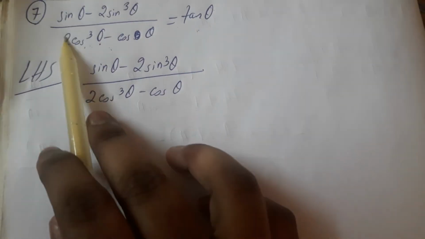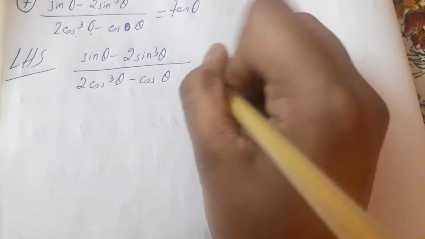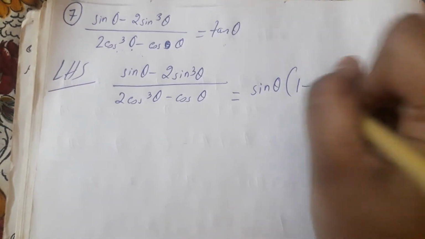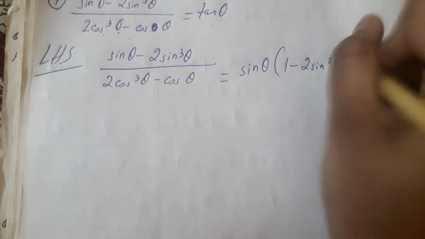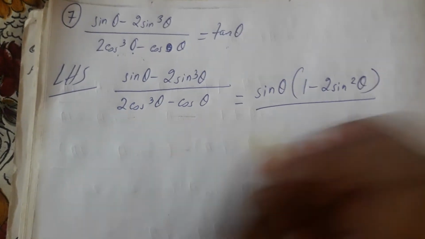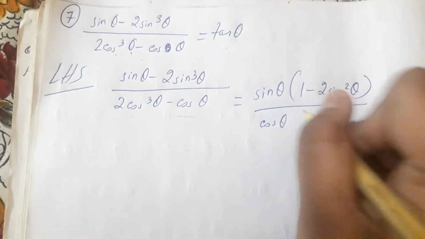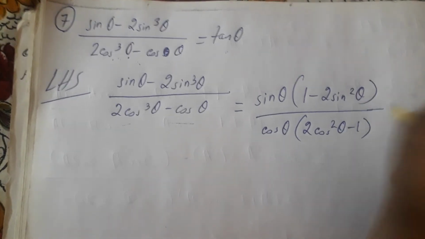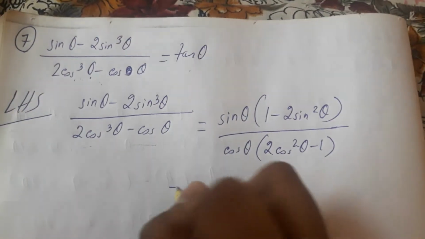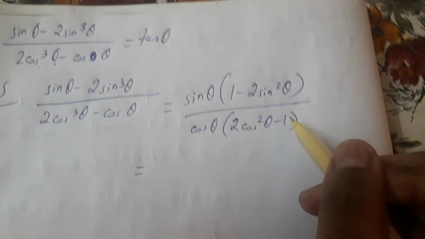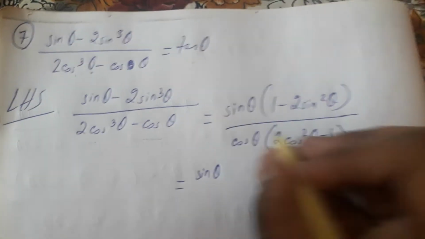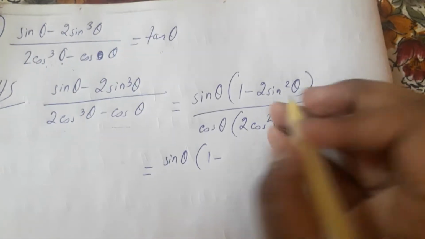Now see here, in the numerator from the LHS we can write sin theta common, that is 1 minus 2 sin square theta, and in the denominator you can take common cos theta. So take 2 cos square theta minus 1. Now this will cancel out, but before cancelling out you have to show that these two are equal. Take any one, suppose sin square theta.